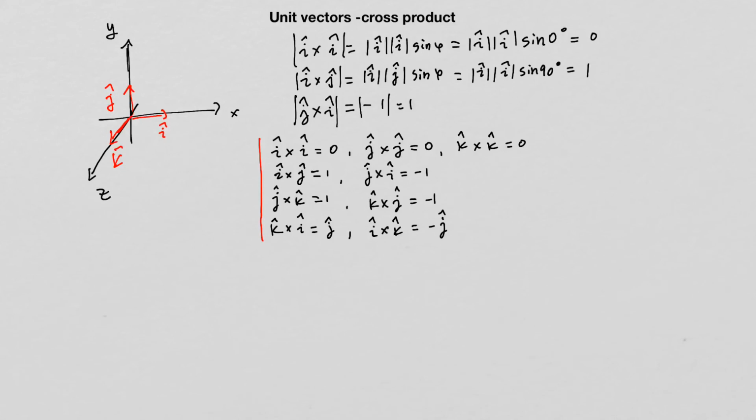So that means that i hat cross j hat is not equal to 1, because it's not a number, it's not a scalar; the result is a vector quantity, and it's going to be equal to k hat. Then if I flip the positions of i hat and j hat, the result will be equal to minus k hat.